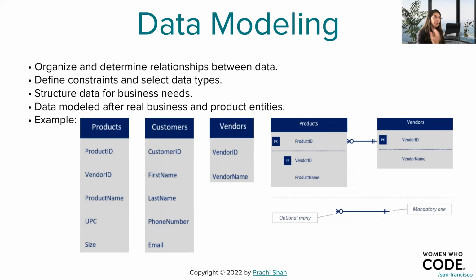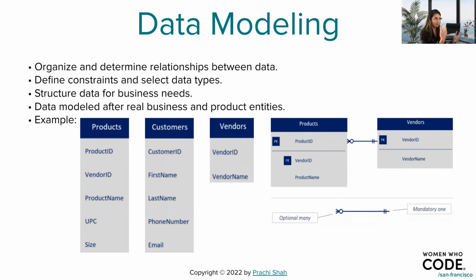And then between the product and vendor tables, in this example, it's a relational database, let's say, I have some relationship between my product and my vendor, right? One vendor can produce many products. So that is a relationship where one vendor has one or more products that they have manufactured and are selling.